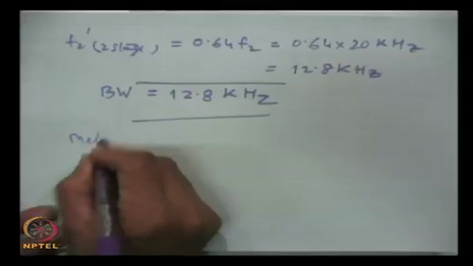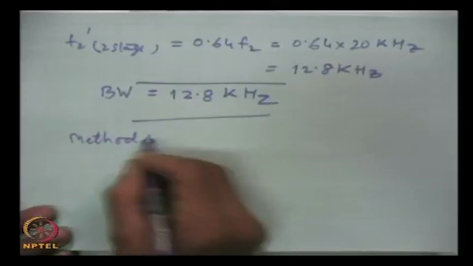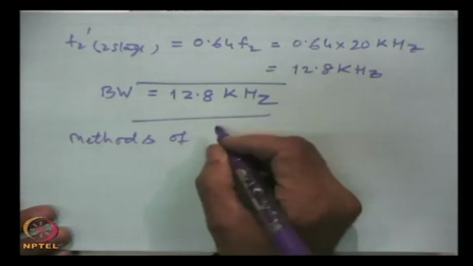How are multi-stage amplifiers obtained? What are the methods of coupling, either stages or even how we couple a signal source to the amplifier? There are three methods. Methods of coupling.